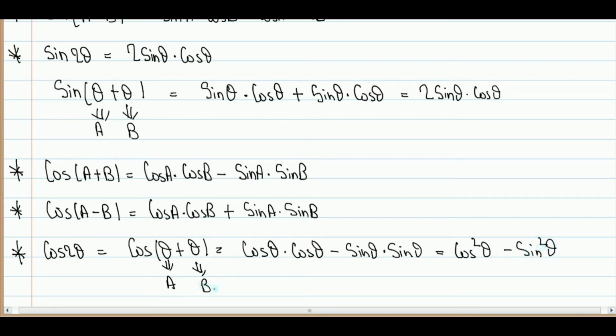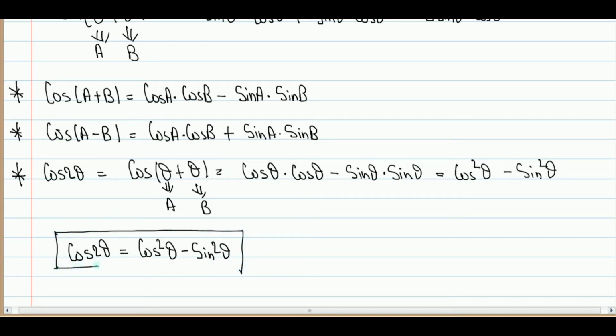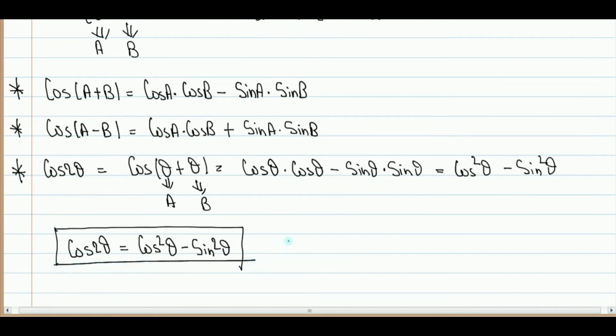So the formula can be derived as cos 2 theta equals cos square theta minus sine square theta. It is fine.